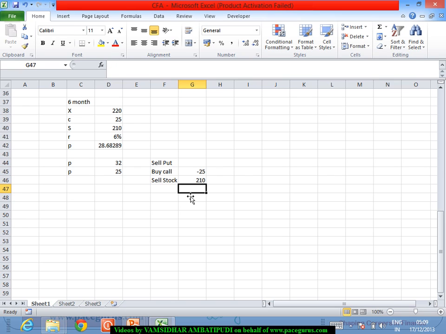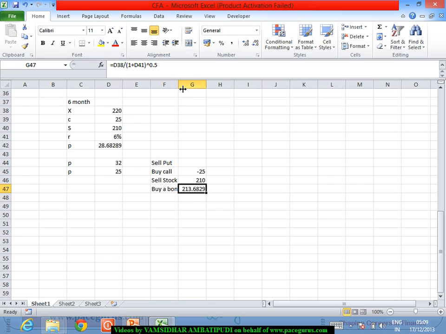I'm shorting a stock today, I'm getting 210. And I'm talking about buy a bond with a cash X by 1 plus r to the power t. So 220 by 1 plus r to the power 0.5, so I have 213 rupees. Using 213 rupees, buy a bond.